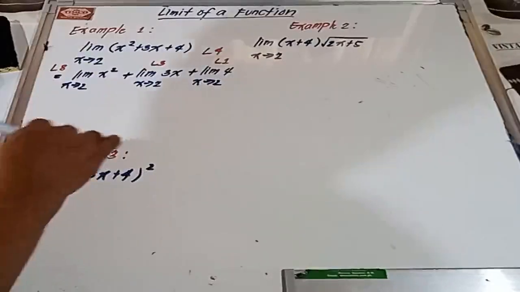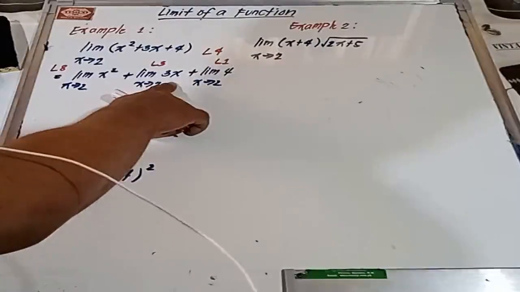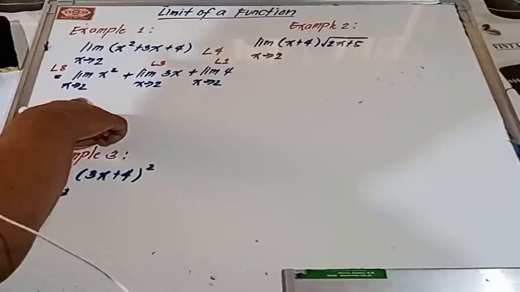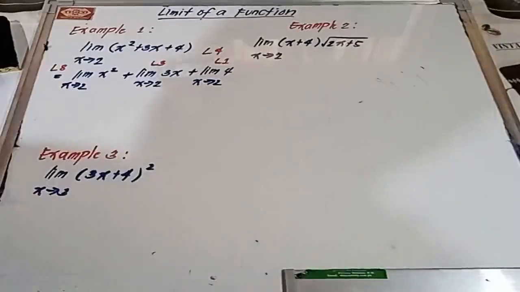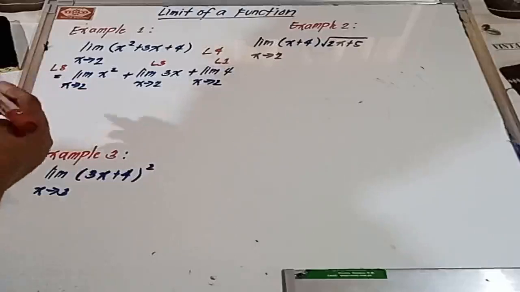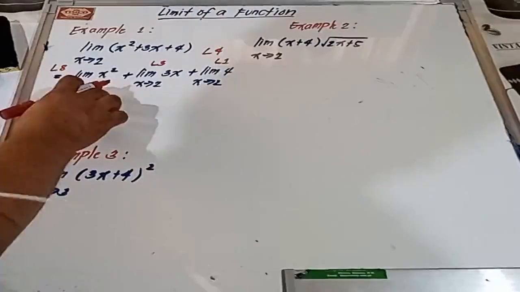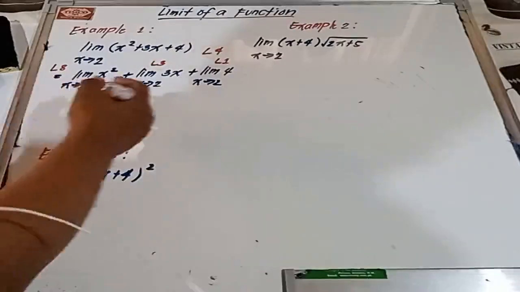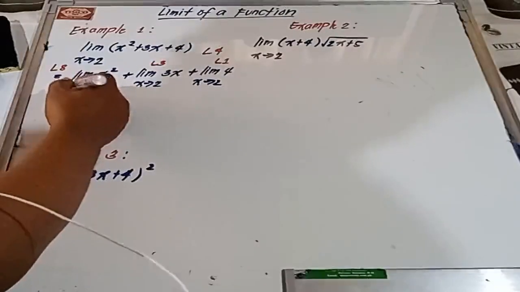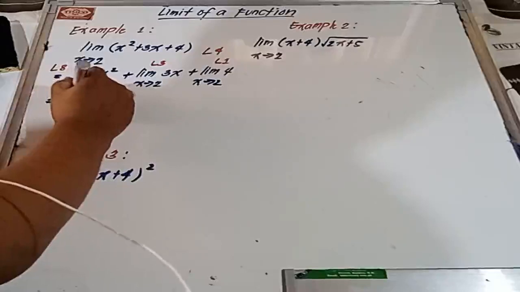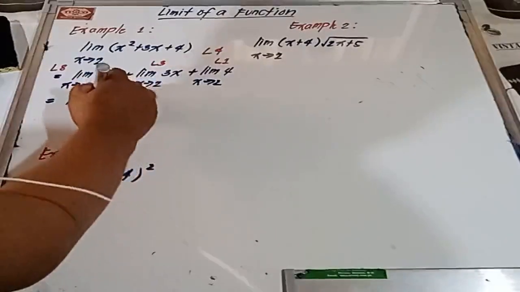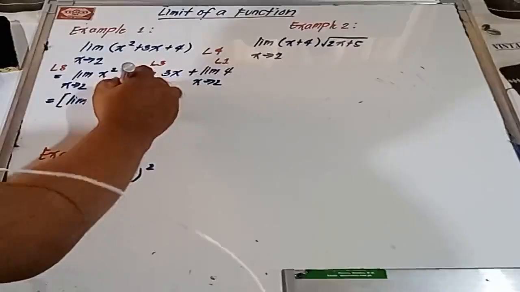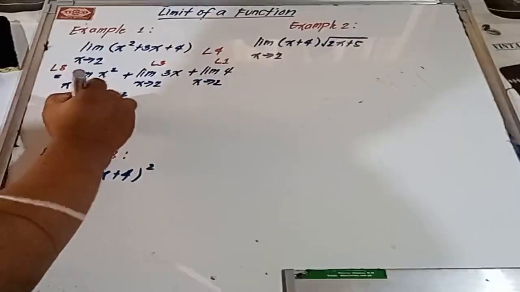Limit by constant is the limit of the product of the constant and f of x. And number 8 is f of x raised to a specific power. And this time, the power is 2. So, papasok sa loob yun. That will be equal to the limit of x raised to the exponent 2 as x approaches 2.